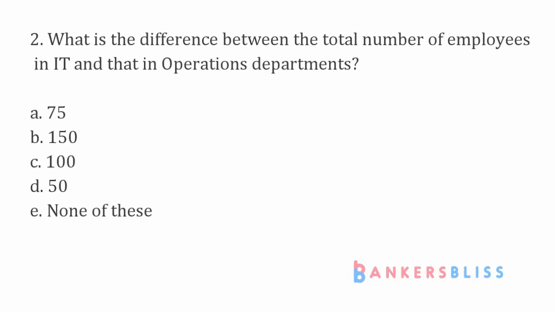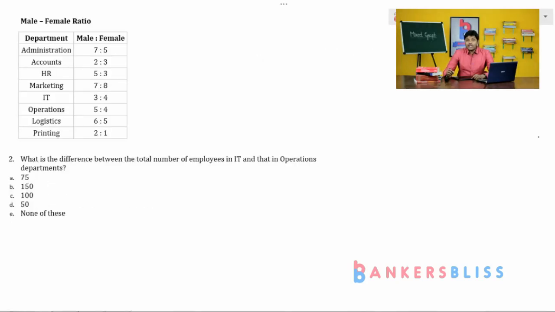Very simple to calculate. Okay, let's move on to the next problem. Problem number 2. What is the difference between the total number of employees in IT and that in operations department? See, they are asking us to calculate the total number of employees in IT and that in operations, means no need to calculate male and female separately. Directly you calculate IT employees.